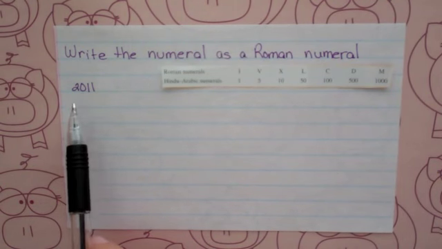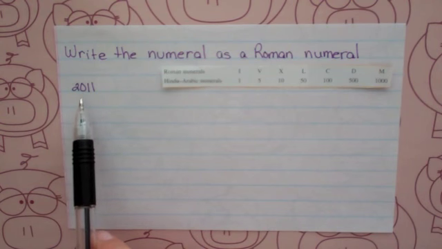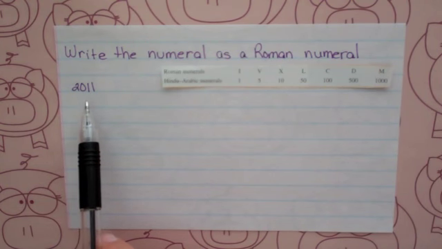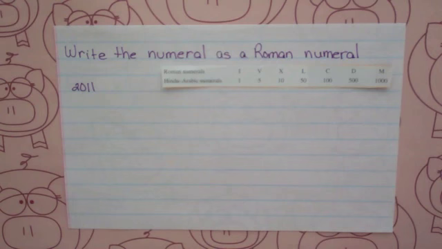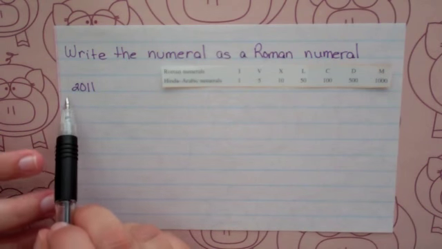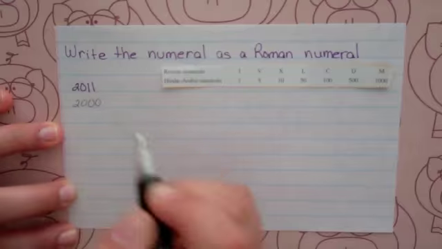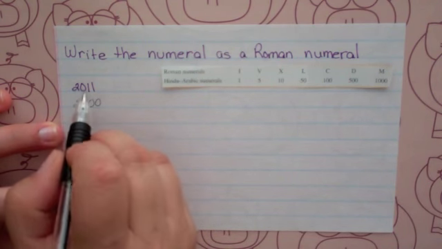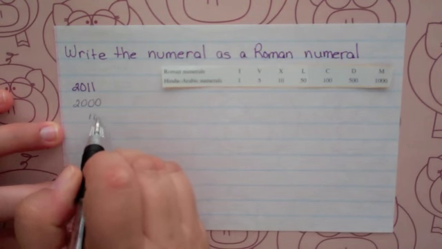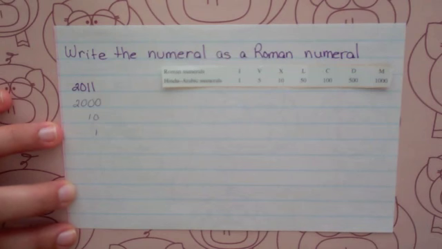Again, we're going to go backwards here with Roman numerals. I want to start out with 2011 and write 2011 as a Roman numeral. Let's break this up. We have 2000 and 11, which is a 10 and a 1.